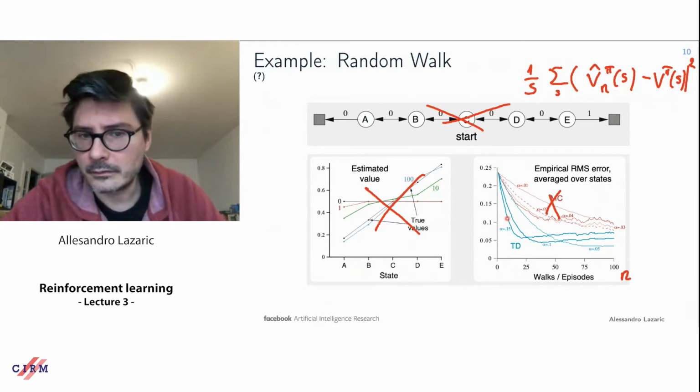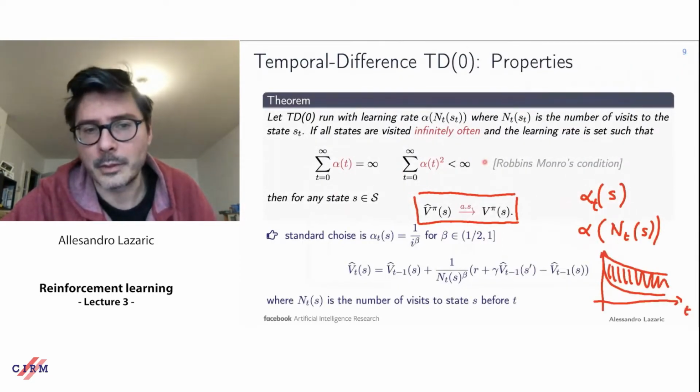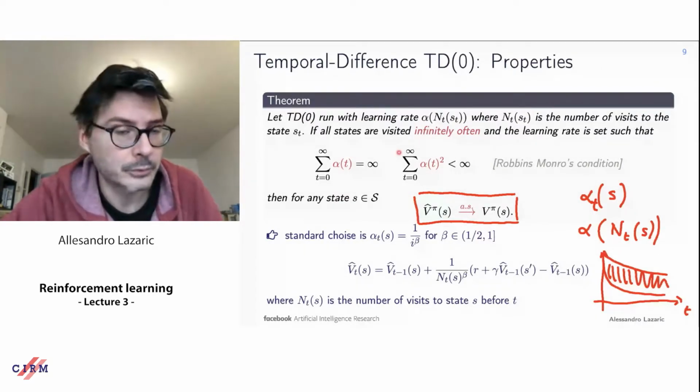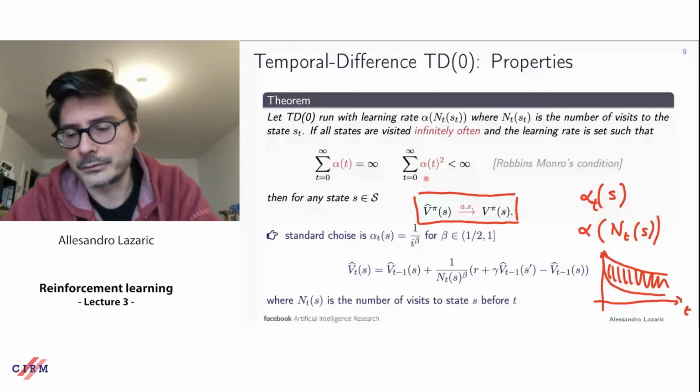And fixed learning rates do not satisfy these conditions, right? Because of course it would sum up to infinity, but the squared would also sum up to infinity. So they're not guaranteed to lead to a convergent process.